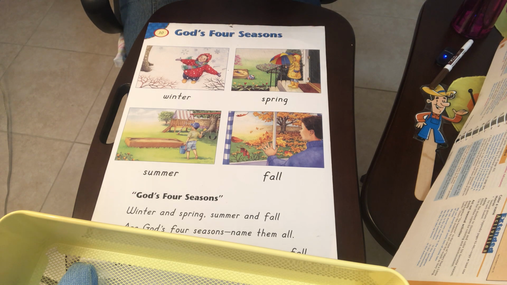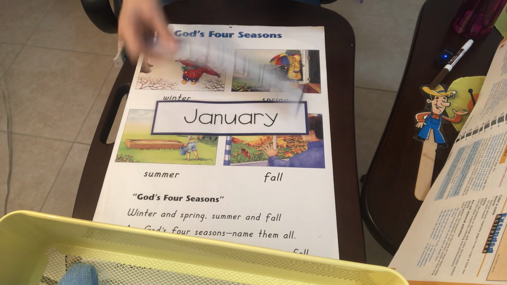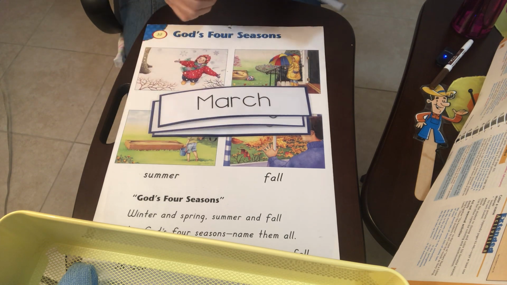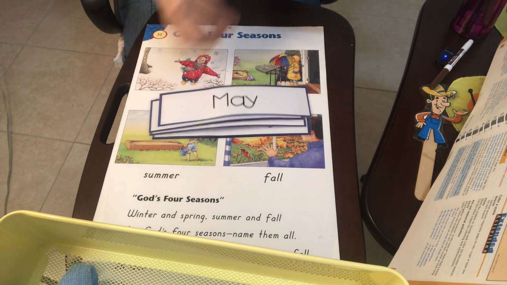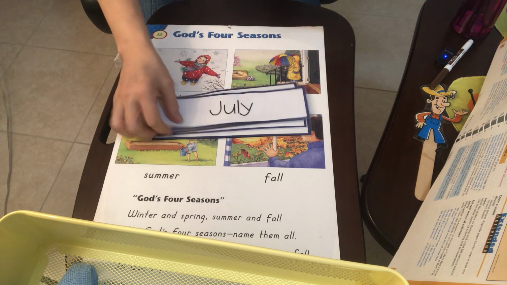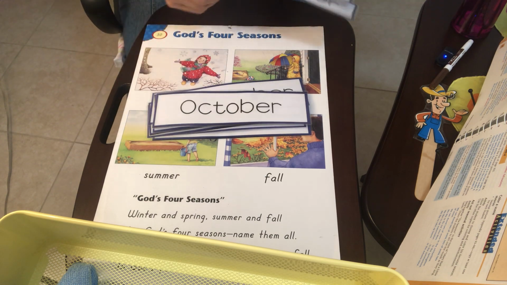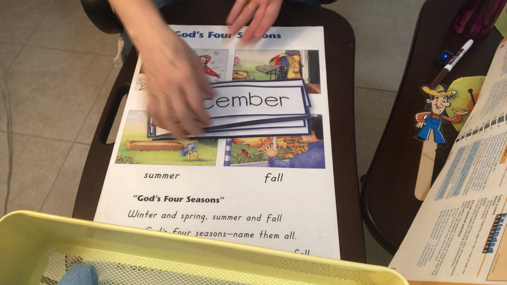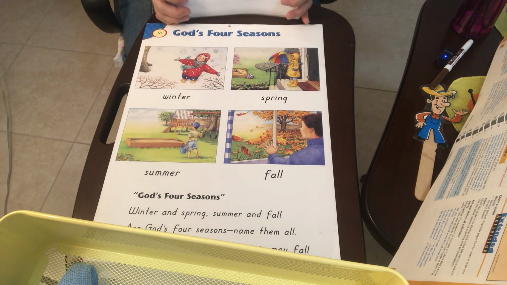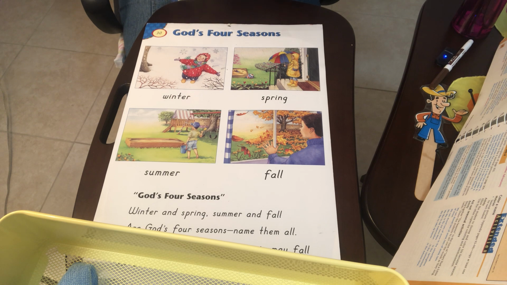Let's see if you can remember them. January, February, March, April, May, June, July, August, September, October, November, December. And the song helps us to remember when it's a little bit tricky.